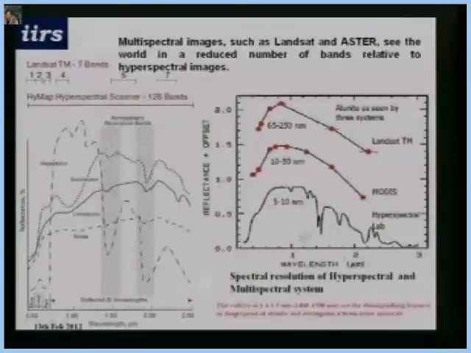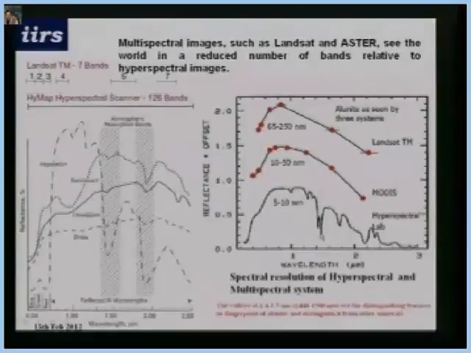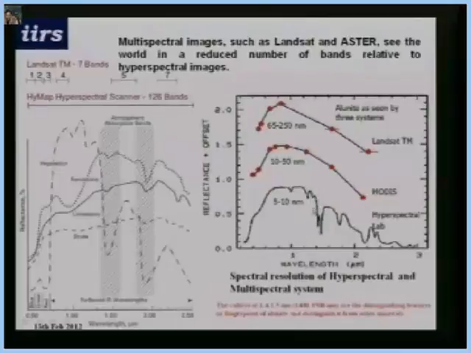If you look here, there is an absorption around 1.4, a peculiar absorption in the reflectance pattern, which is not visible in the other two, and this is a unique characteristic of this particular feature on the ground that enables us to identify it. It's a distinguishing characteristic which is missed in broadband remote sensing. So you can say this is the fingerprint, which is not seen with broadband remote sensing data like Landsat and MODIS.